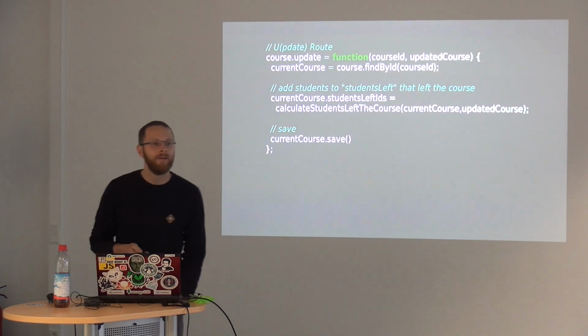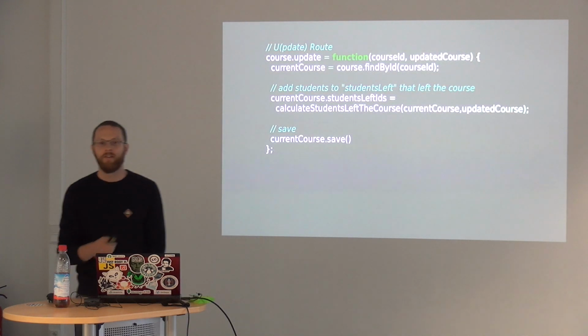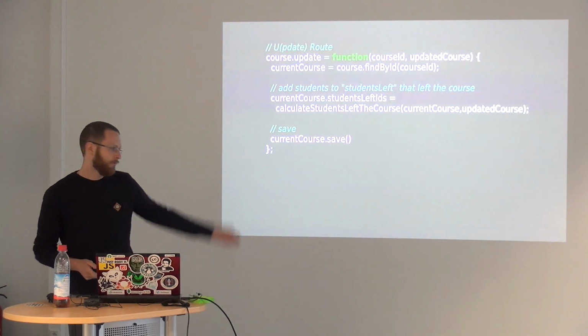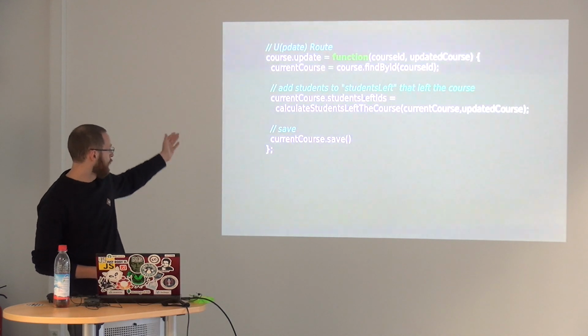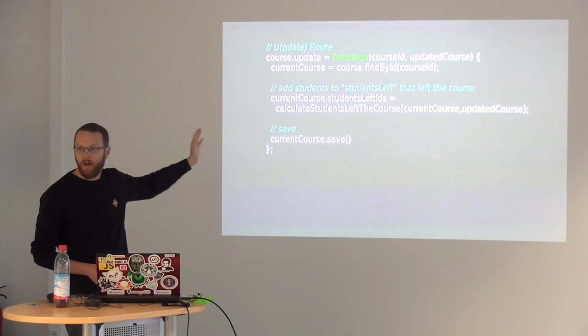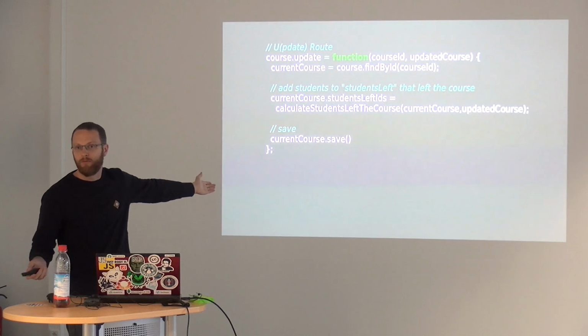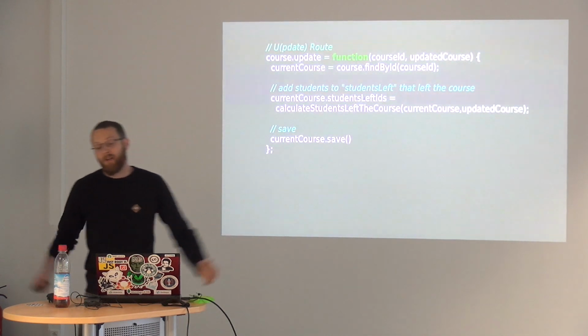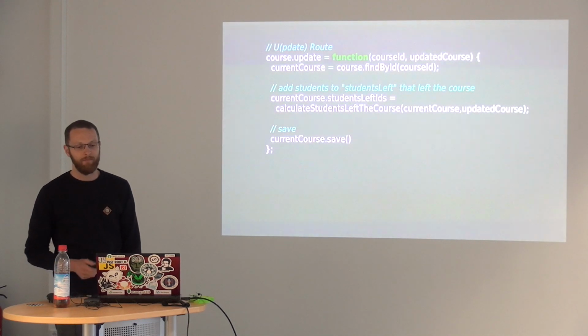Sorry? Last wins. Last wins, exactly. So you end up with an invalid state in your database, because both run at the same time, both calculate their students left IDs, and eventually you end up with the wrong students left IDs.